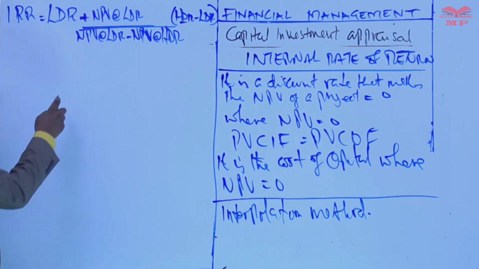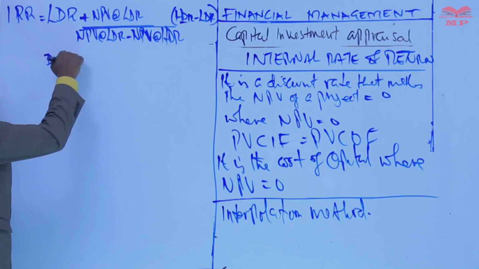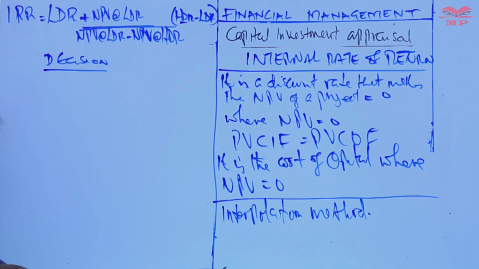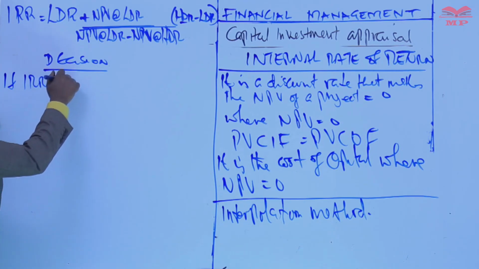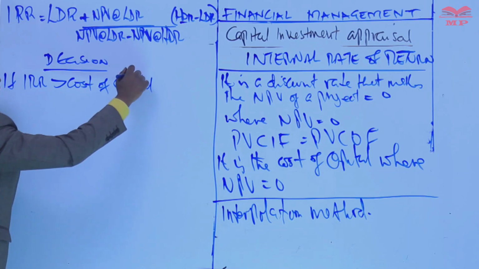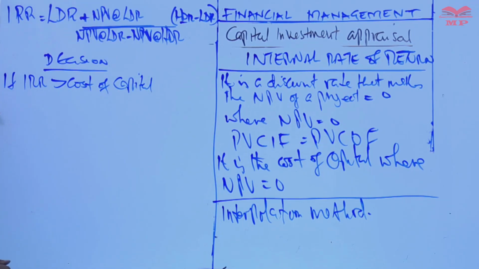So this is the decision rule. If you are to use IRR to make an investment decision, then if the IRR calculated is greater than the cost of capital, the project is acceptable.